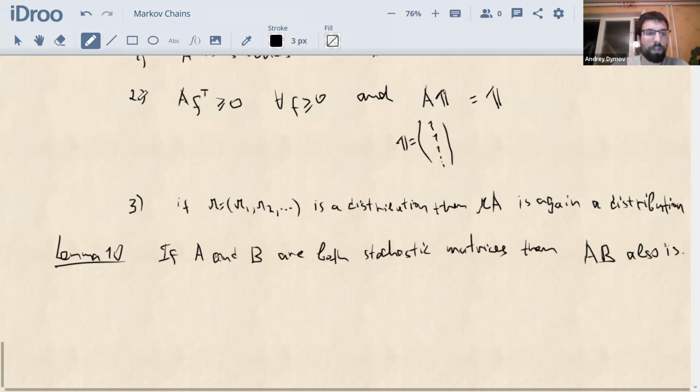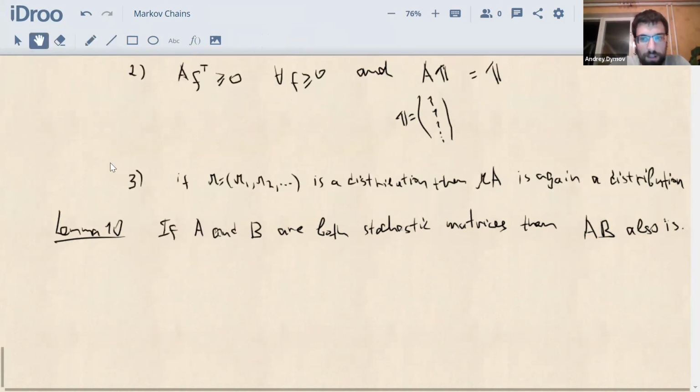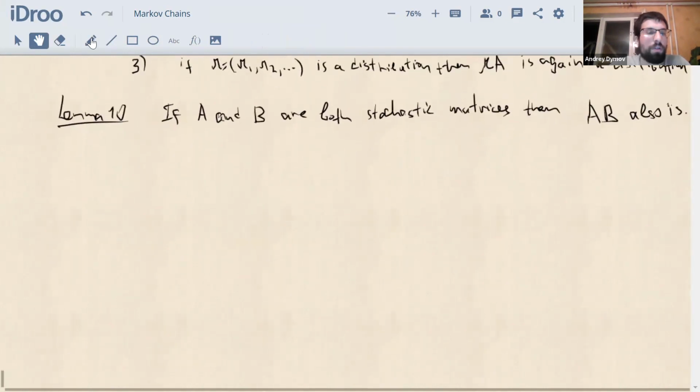So this is why in particular the transition probability matrix to the power n also is a stochastic matrix. So are there some questions?